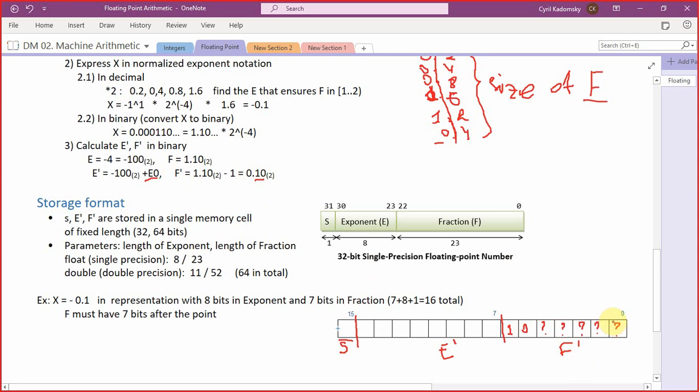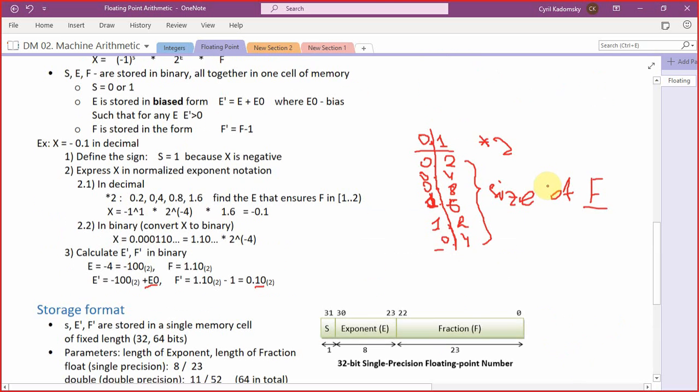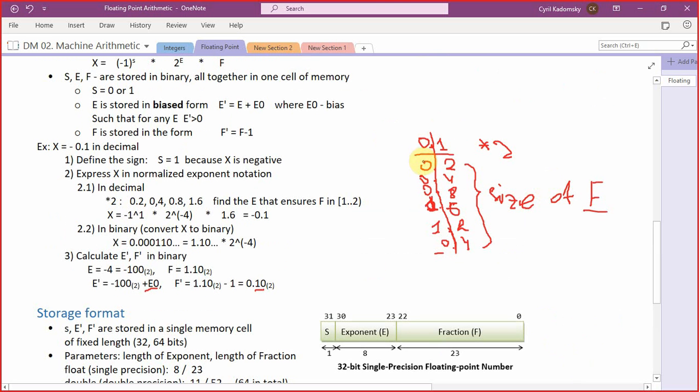How could we calculate that? Well, of course, we could return to where we calculated the value of our number, and we can continue this process of multiplying.